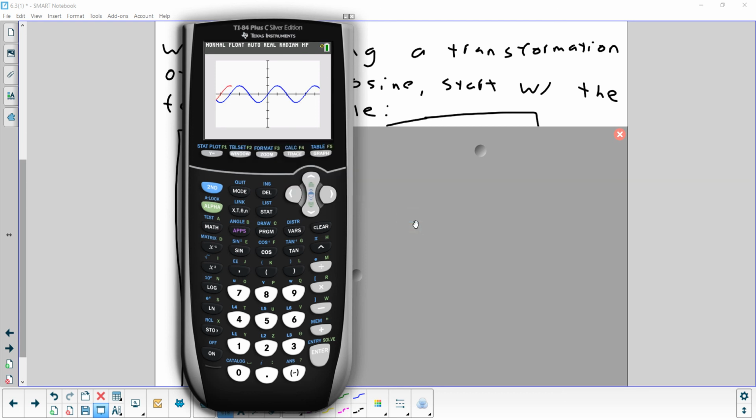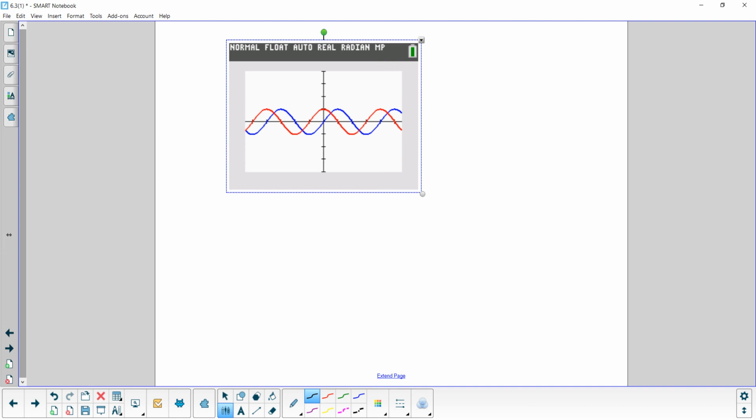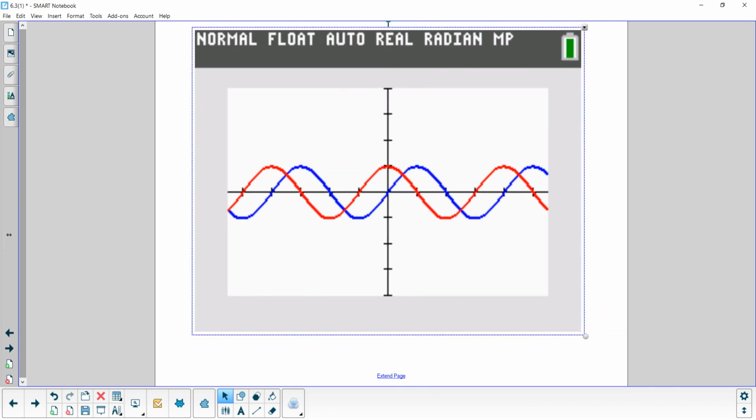What you're going to see in red is cosine. Where does cosine start? It doesn't start at 0, 0. Starts at what? Yep, 0, 1. Starts at 0, 1.